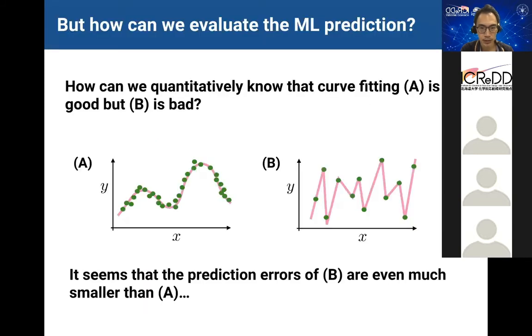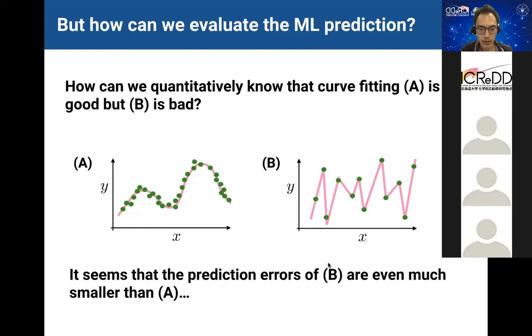The first problem is, you see that this situation is invalid for machine learning to apply, but this looks like a good setup. But how can we quantitatively know that the prediction performance of this machine learning model is better than this one? Because given the data here, the green dots, the error means the gap between this dot and this curve.